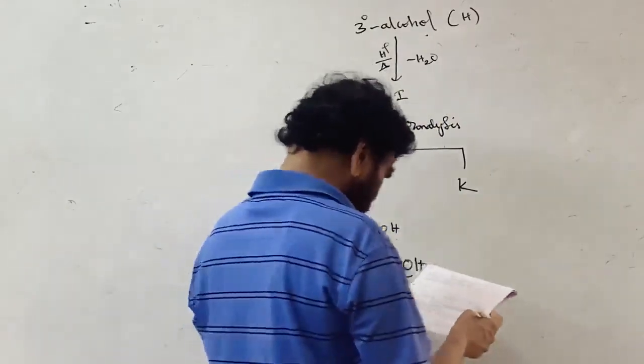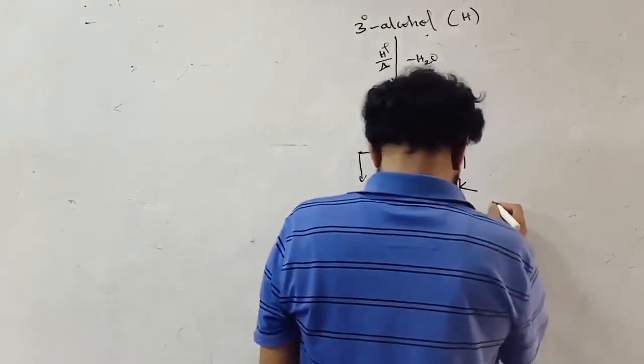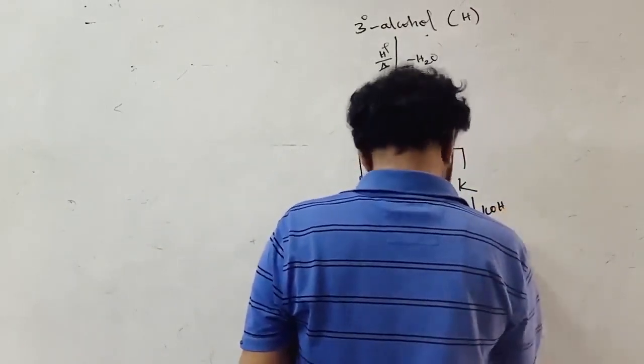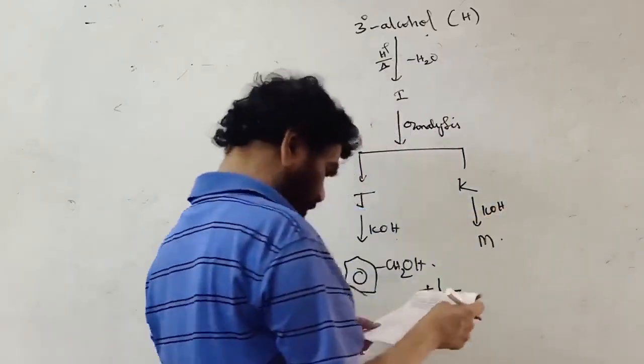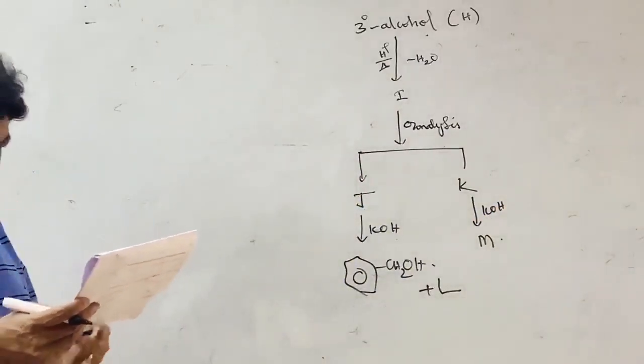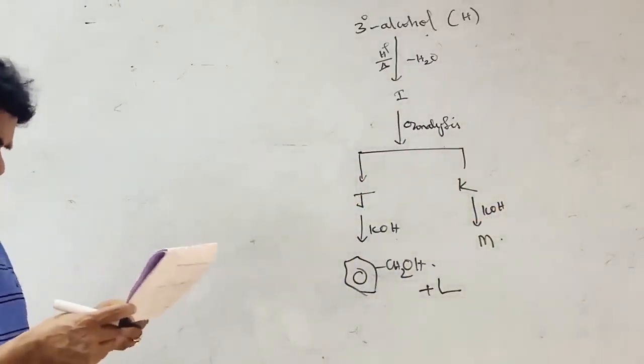Whereas K on reaction with KOH gives only M. So now the structures of J, K, L are respectively.